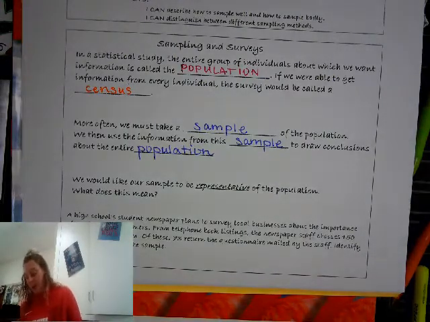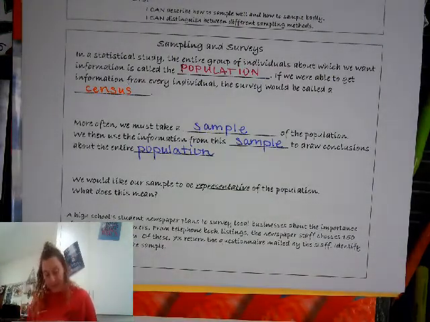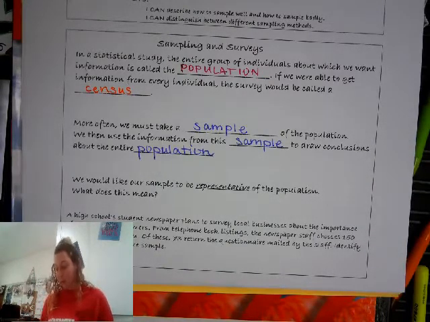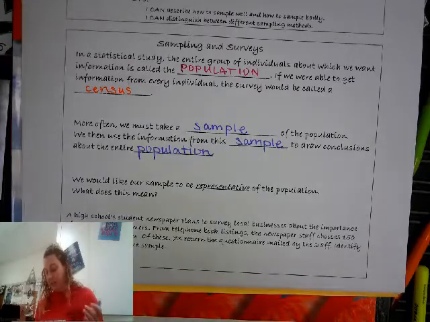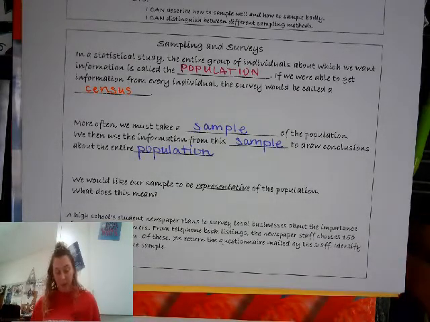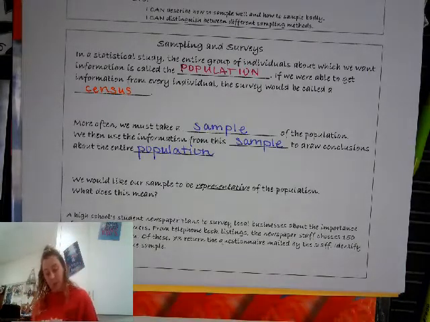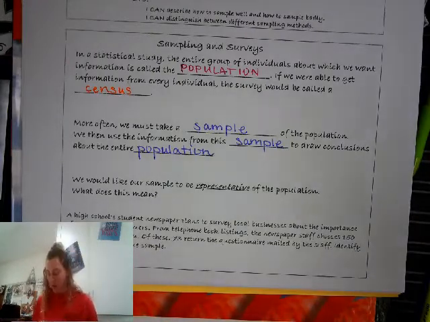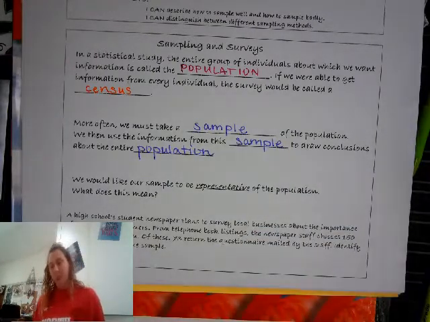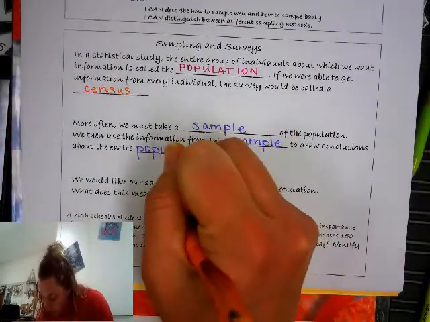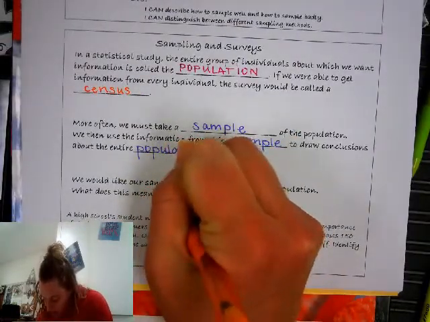We would like our sample to be representative of the population. What that means is if the sample is a good representation of the entire population, then the results from the sample can be accurately used to represent the whole population. You guys know I'm not the best with words, so let me paraphrase this.